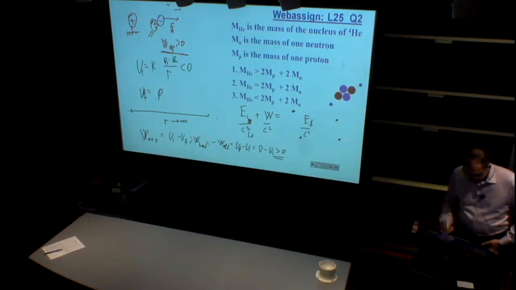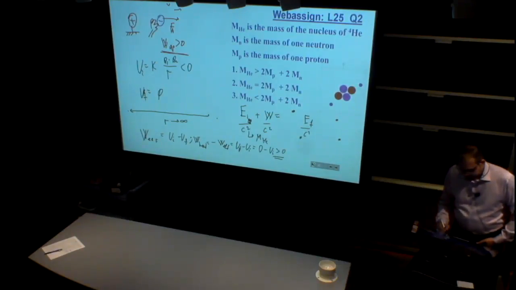So this will be the mass of the nucleus, and we have to add a certain number to it. That's not a specific mass, this is just a number associated with the binding energy, some positive number. And that should give the mass of individual nucleons, so 2 protons, 2 neutrons.